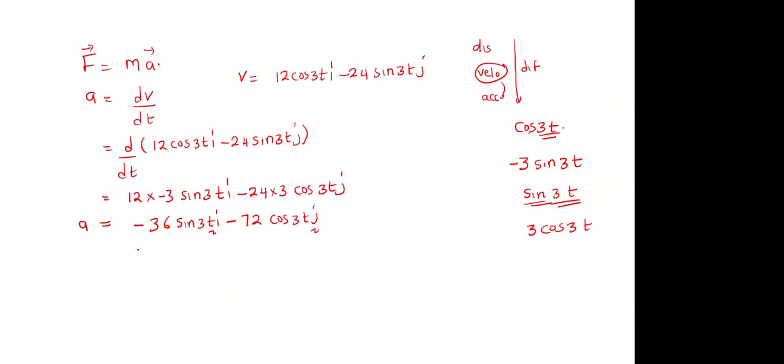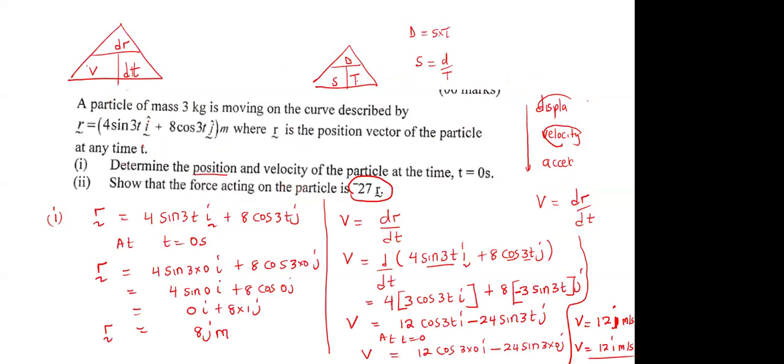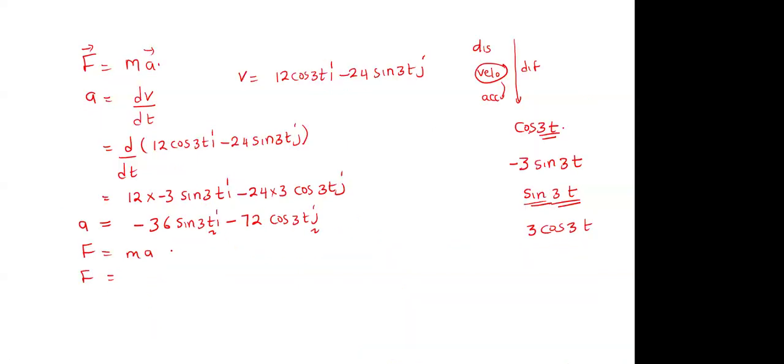Now, when I come back here, I'm going to say that my force is ma. So what is our m? Our mass from the question was 3 kilograms. So I'm going to come back here and say mass is 3 kilograms and acceleration is negative 36 sine of 3t i minus 72 cos of 3t of j.